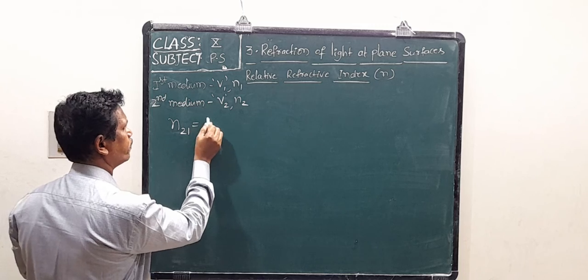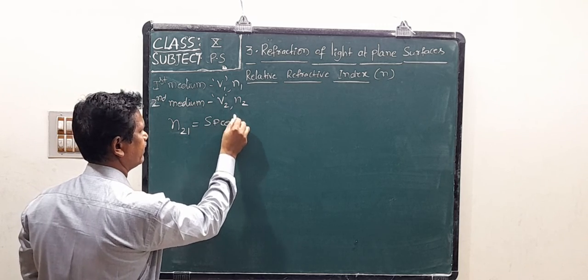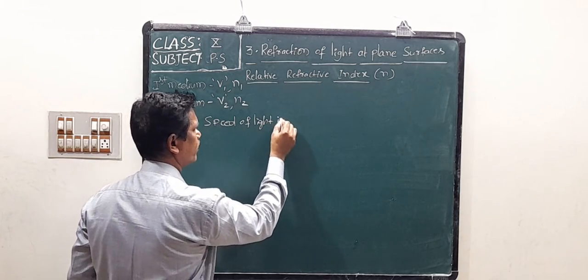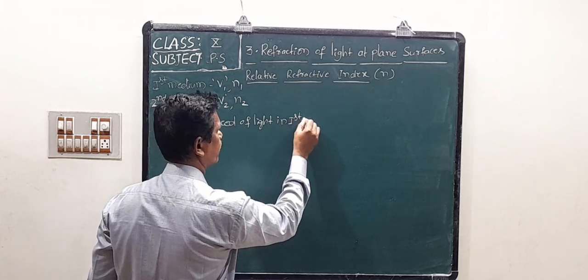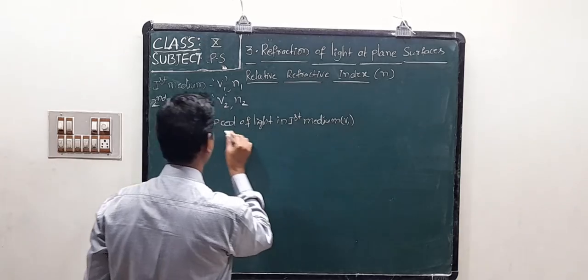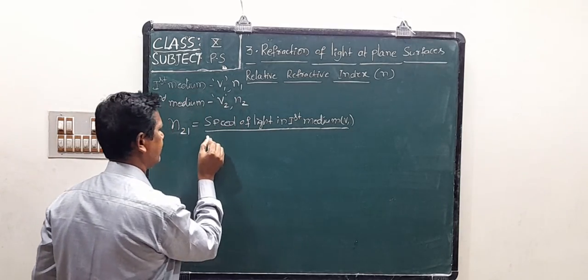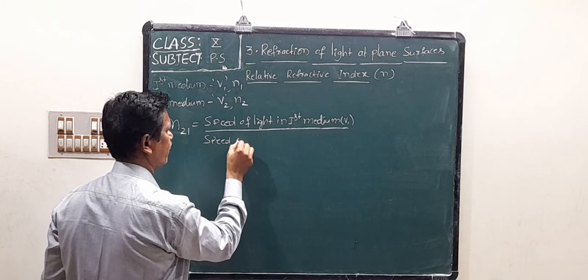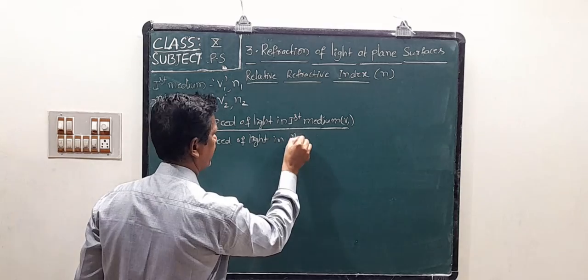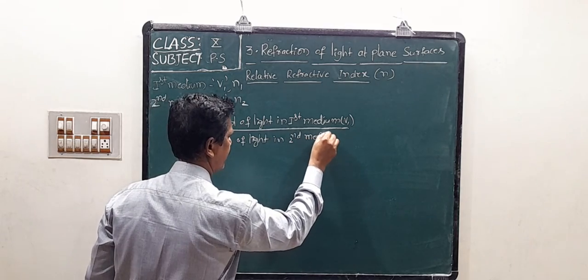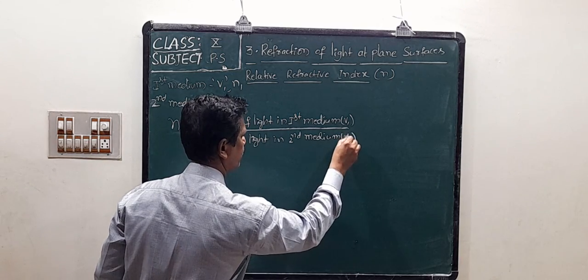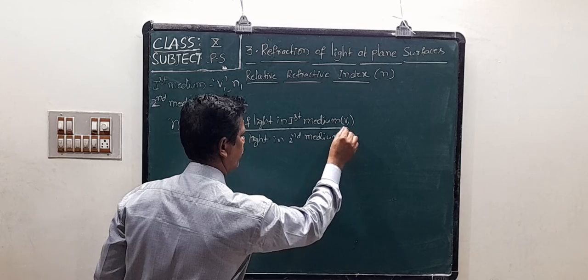That is equal to the speed of light in first medium v1 divided by the speed of light in second medium v2.